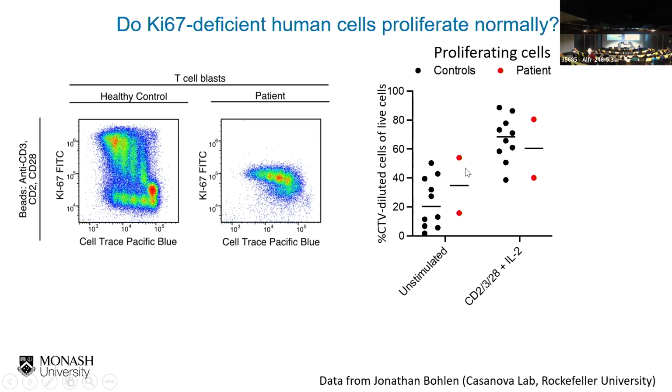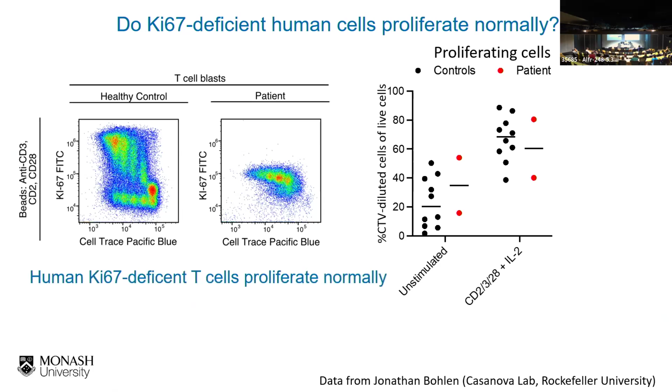There was only 1 patient. These are technical replicates. Compared to the control T cells, our patient still has quite substantial CTV diluted proliferating cells, which indicates that the human Ki67 deficient T cells also proliferate normally.